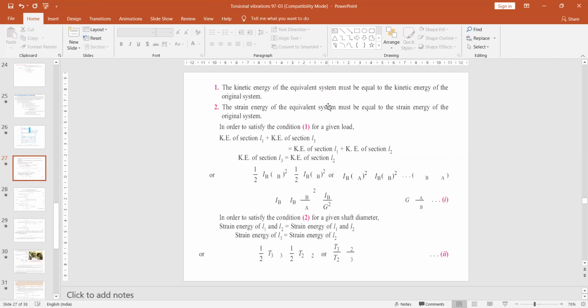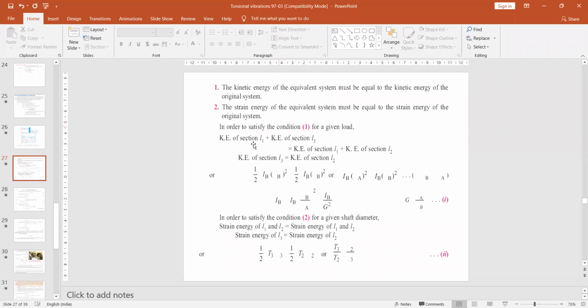That is one condition, and another condition is strain energy: the strain energy of the equivalent system must be equal to the strain energy of the original system. So those two are followed.